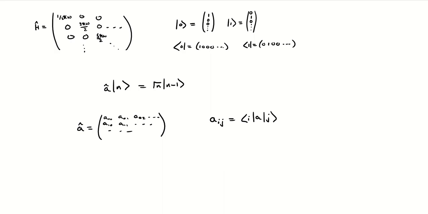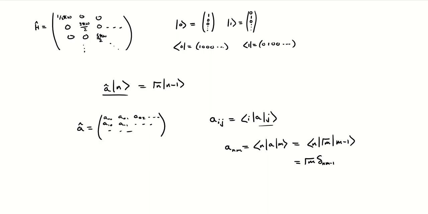So we can figure out each of these elements by considering how that operator acts on those bras and kets, right? For the A_nm matrix element, we have the nth bra, the lowering operator acting on the mth state, which gives us root m times the bra n with the ket m minus 1, which is equal to square root m times the delta function of n and m minus 1.